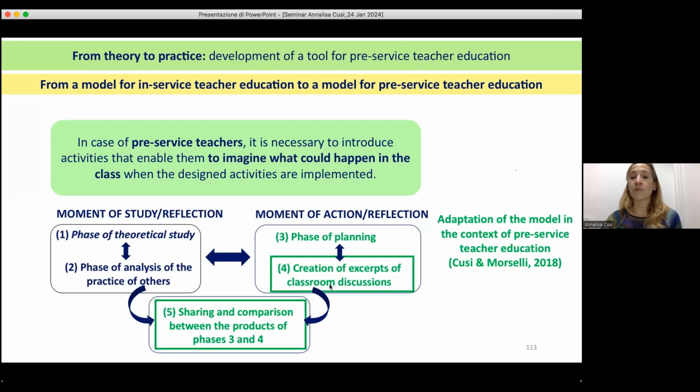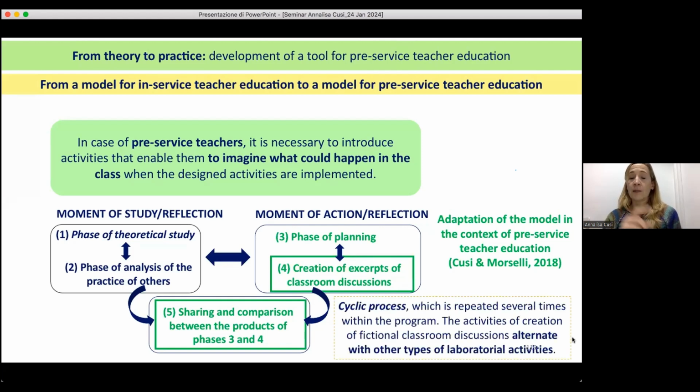Then there is a phase of creation of excerpts of classroom discussions and the sharing and comparison between the products of phases 3 and 4. It is a cyclic process because these kinds of activities are repeated several times, and obviously they alternate also with other types of laboratory activities for pre-service teachers.